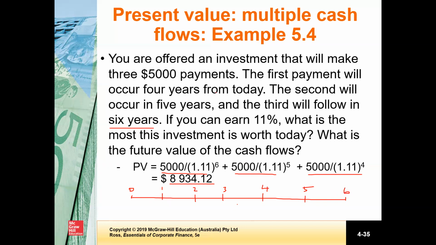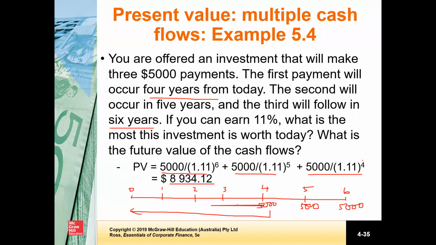So don't forget that the first payment will occur 4 years from now. Okay, which means that it will be here 4 years from now, and the second one will be here, and the third one is here.